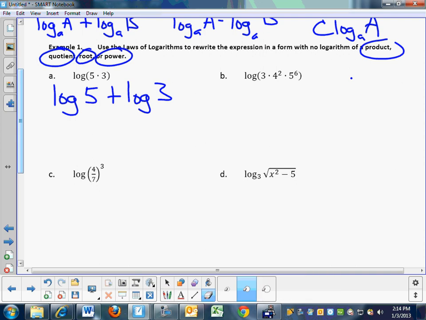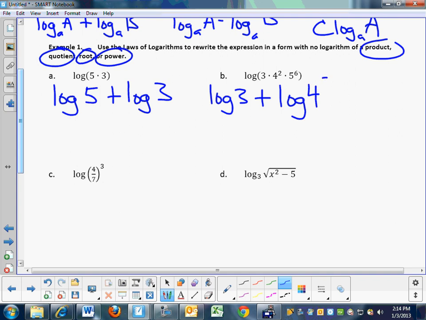All right, this one's a little bit different. I have multiplication. I also have powers. So I'm going to separate it like this. Log of 3 plus log of 4 squared plus log of 5 to the 6th. Does everybody see how I did that first step? What do you want to do next? Good. Yeah, put the 2 in front of the log and put the 6 in front of the log, right?